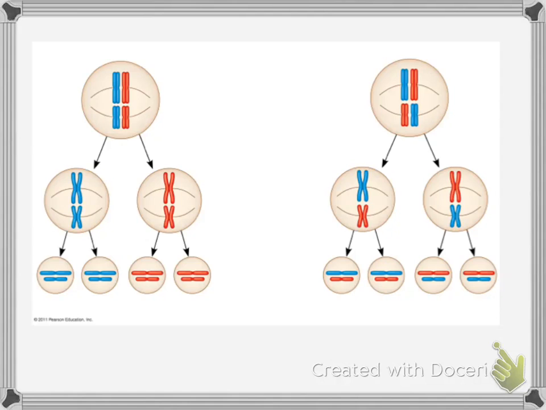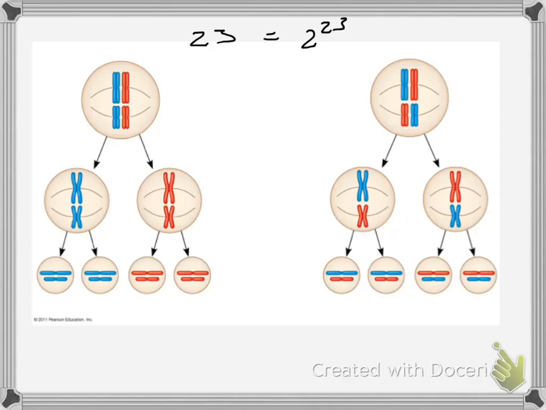First of all, let's see how many different combinations we can make of chromosomes. In the human, we have 23 chromosomes, which means that we have 2 to the 23rd possibilities in terms of total chromosome combinations. This is just in the chromosomes.